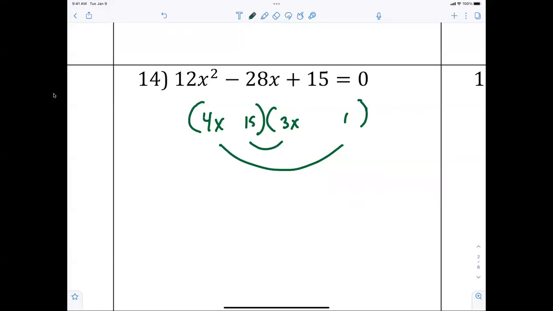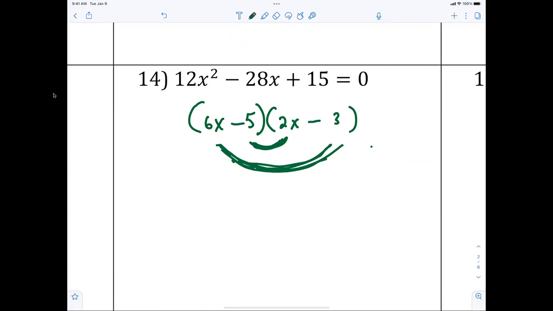So instead of 4 and 3, someone was right, we'll go with 6 and 2 now. Let's try 6x and 2x. And now 15. Where does my 15 break down to? 5 on the left, 3 on the right. Negative. 10 and what? 18. 10 and 18 makes 28 if they are both negative.